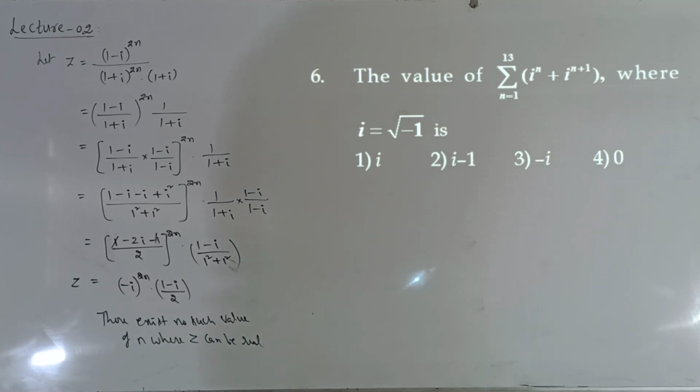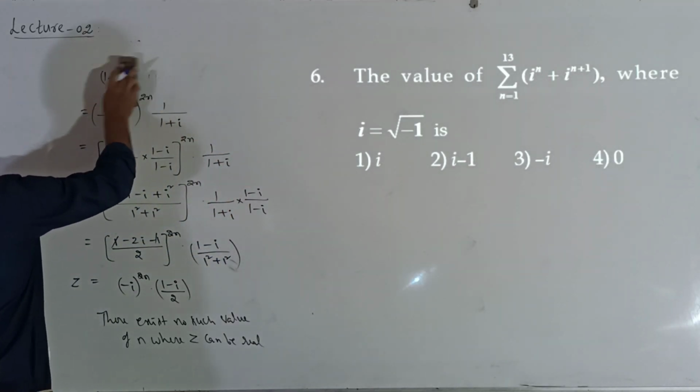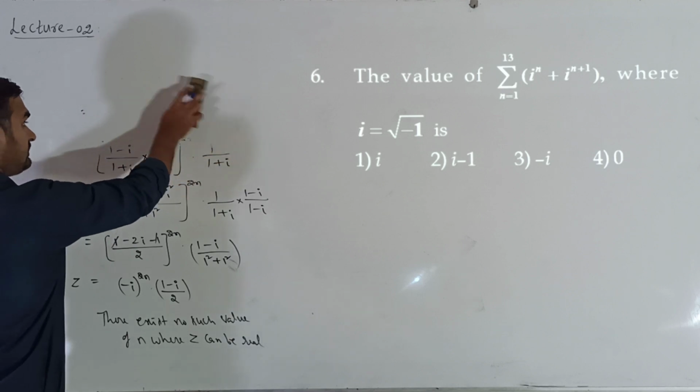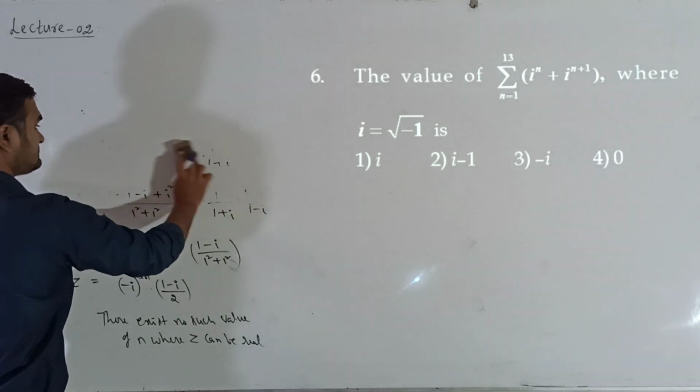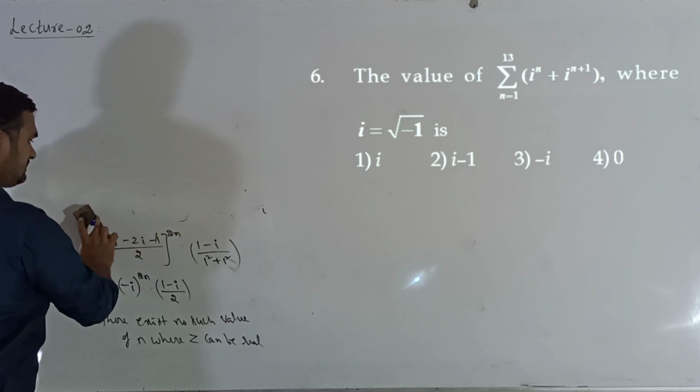So the next question: the value of sigma from n equal to 1 to 13 of i power n plus i power n plus 1, where i is square root of minus 1, is. So again this is a problem based on i powers.